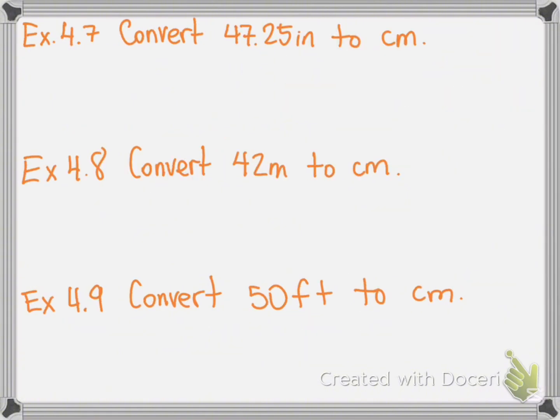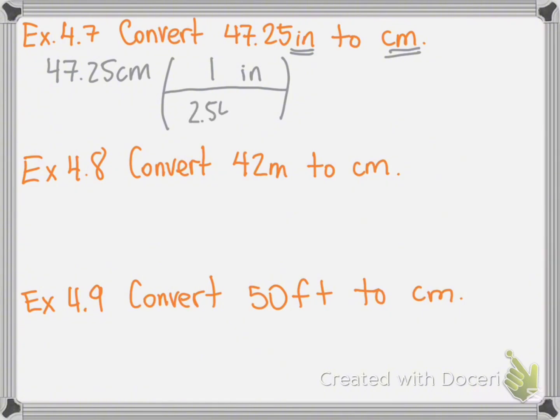All right, now we're going to do the one that goes from the American system, which is the inches, to the metric system, which is the one that most of the world uses. So again, we start with 47.25 centimeters, and we want to know what is the conversion that connects these two. What we know is that 1 inch equals 2.54 centimeters.